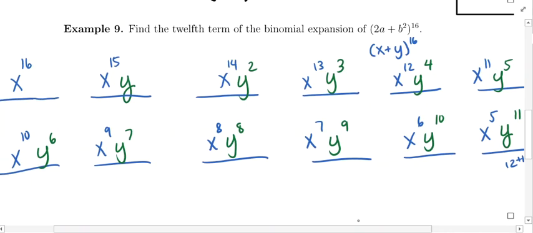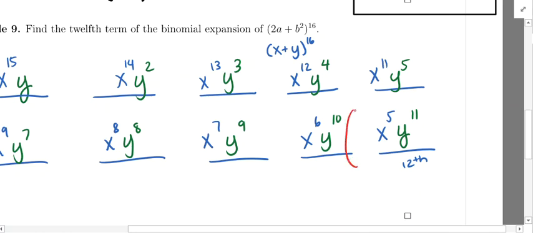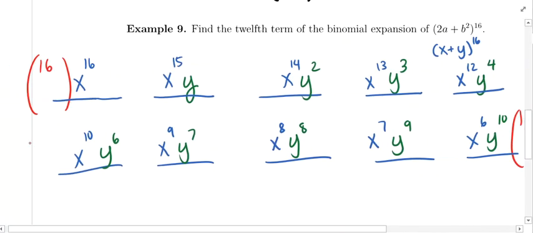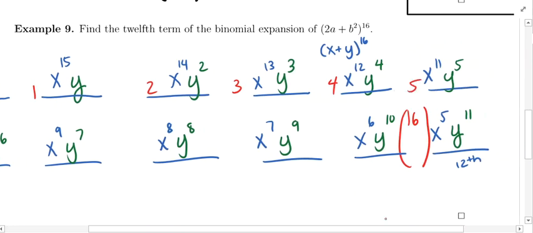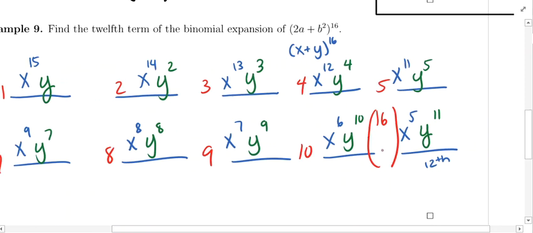Now we need the binomial coefficient. We know each of these will start with a 16 at the top, including the term that we're interested in. So now we just need to figure out the bottom number. We will start with a 0 with the first term. This would be 1, 2, 3, 4, 5, 6, 7, 8, 9, 10, and then an 11 here.